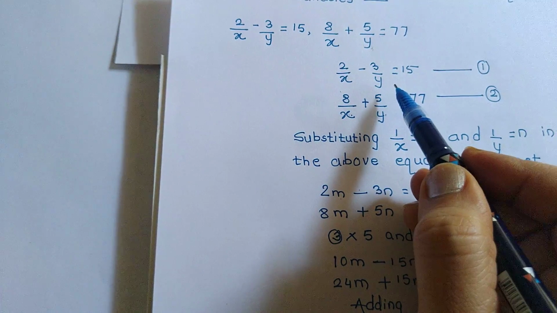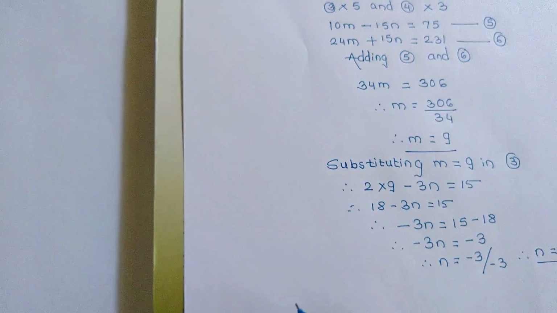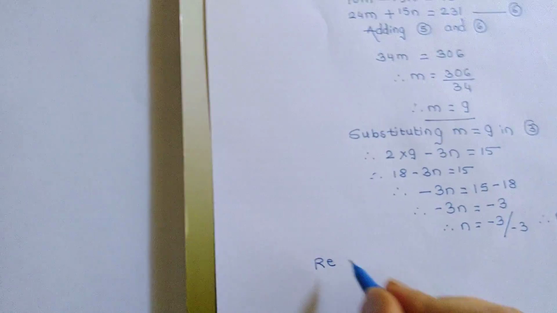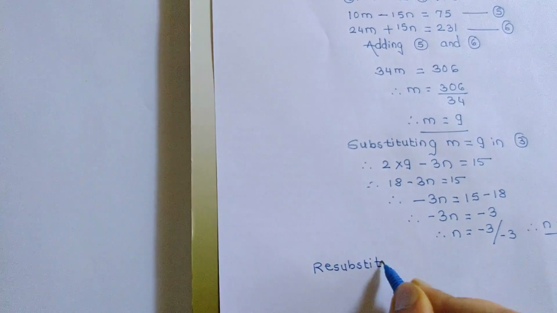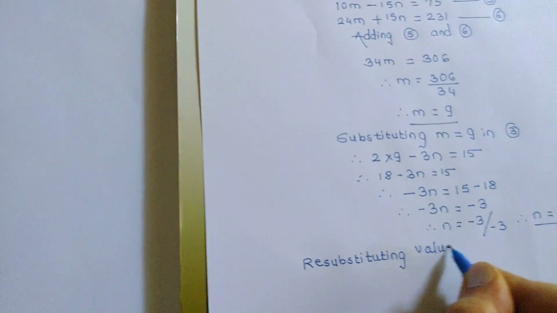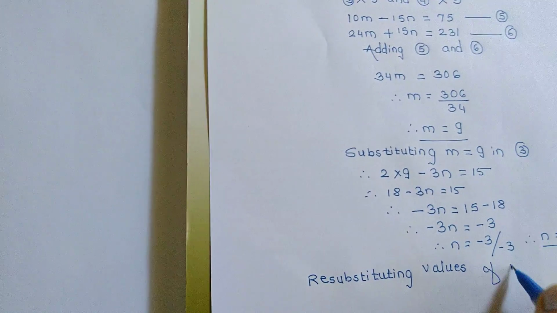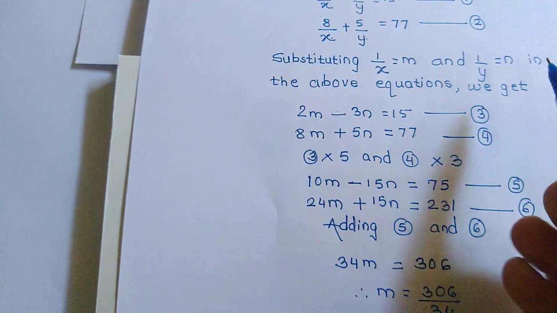But our given equation is in x and y. As we have done the substitution step here, now our final step will be a resubstitution step. So resubstituting values of m and n. So we have considered 1 upon x as m and 1 upon y as n.